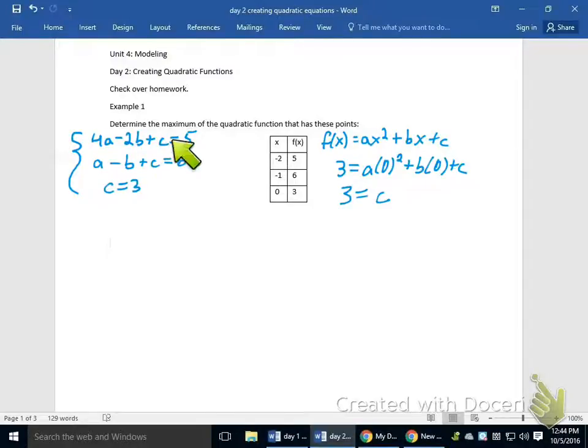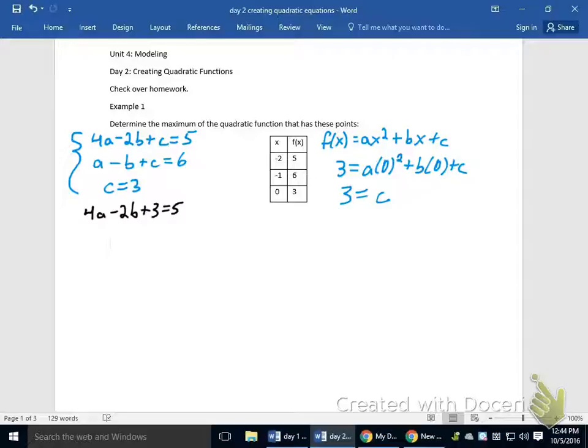Now I have a 3-variable system of equations ready to be solved. Once I do this, I'll have a, b, and c, and I'll have my function, and then we can get to doing the problem. The nice thing here is I already have one of my variables. C is 3. So I'm going to substitute that into the first 2 equations, changing it to 4a minus 2b plus 3 equals 5.